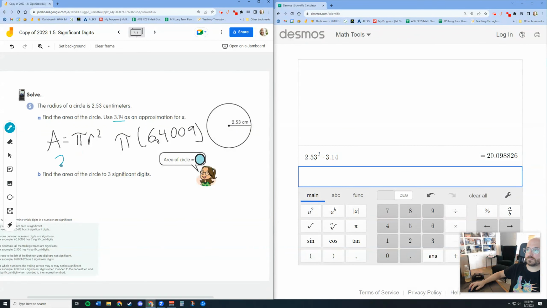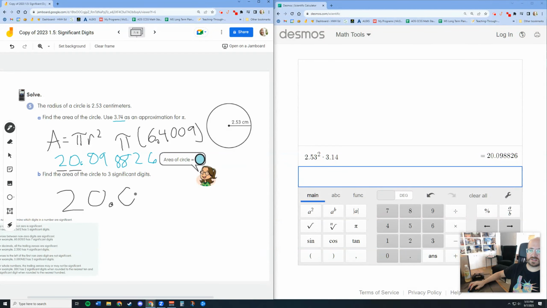So 20.098826. This is getting very far. You know, in fifth grade, we only went to the thousandths place. So if we want to know the area of that circle to just three significant digits, just go in order. First is 2, then is 0.